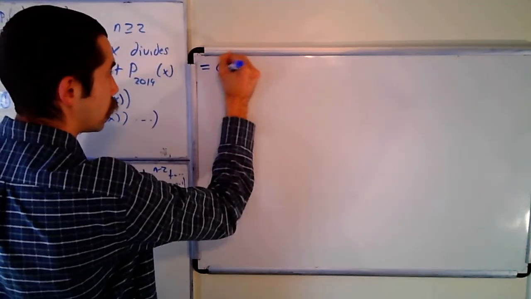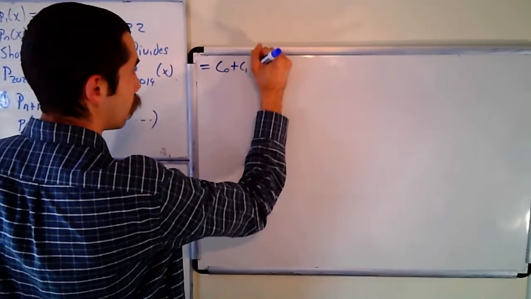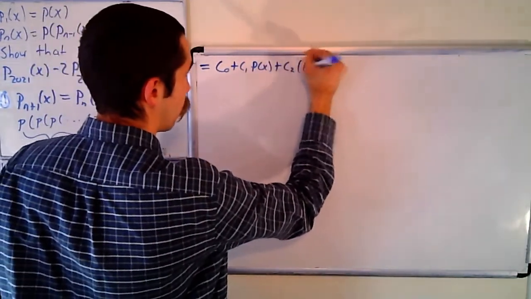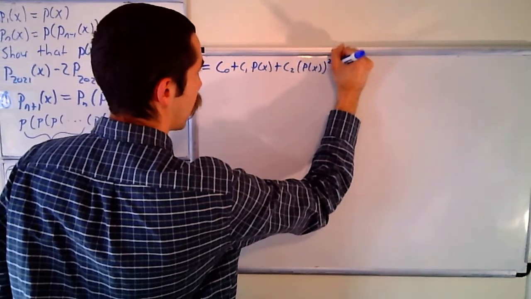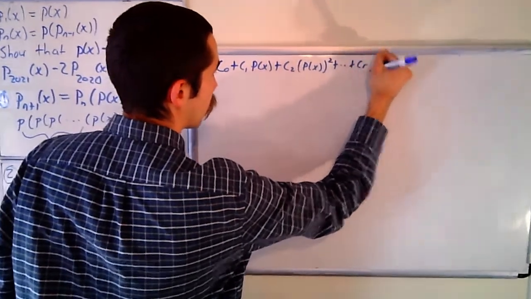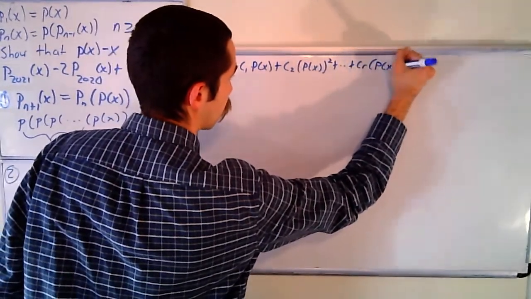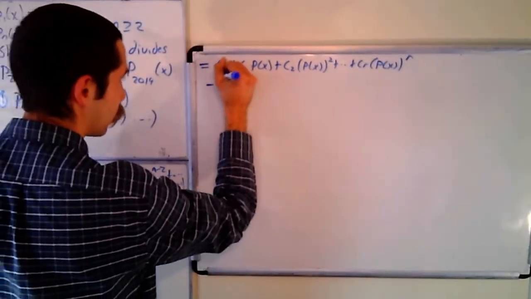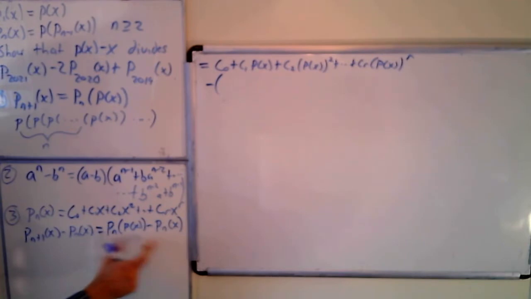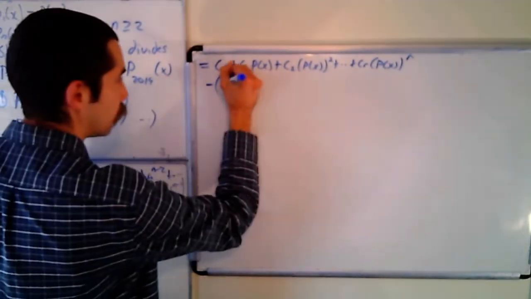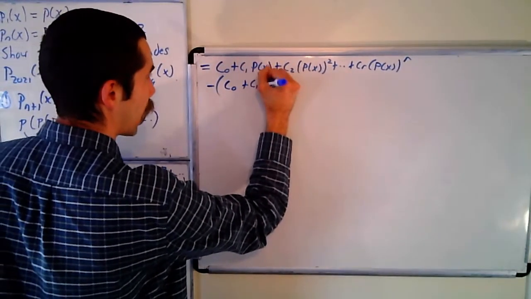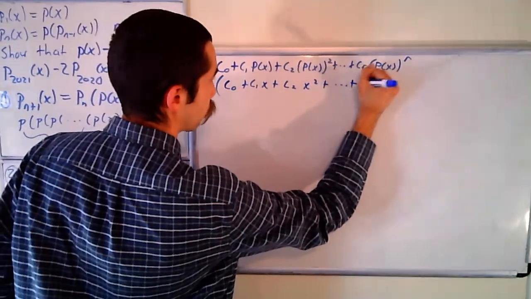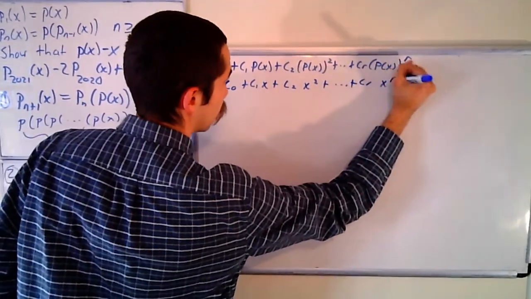So C0 plus C1 p of x plus C2 p of x squared all the way to CR p of x to the r, minus, so that's this term, minus p of x, C0 plus C1 x plus C2 x squared plus CR x to the r.